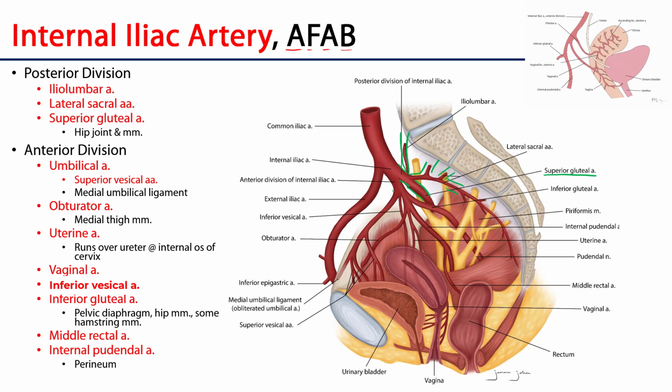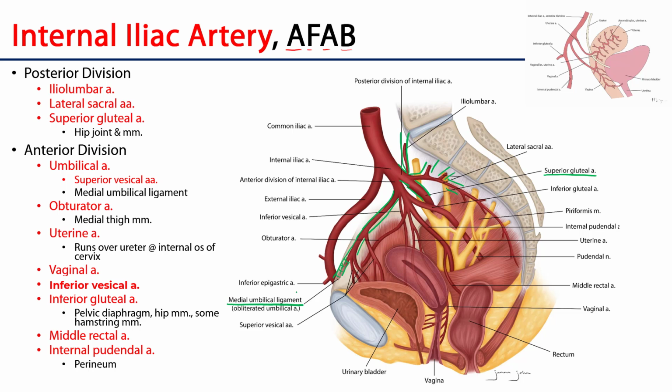So one of the early major branches is that of the umbilical artery. The umbilical artery is going to run anteriorly through the pelvis towards the anterior body wall, and it's going to lose its patency. So that umbilical artery becomes the medial umbilical ligament.